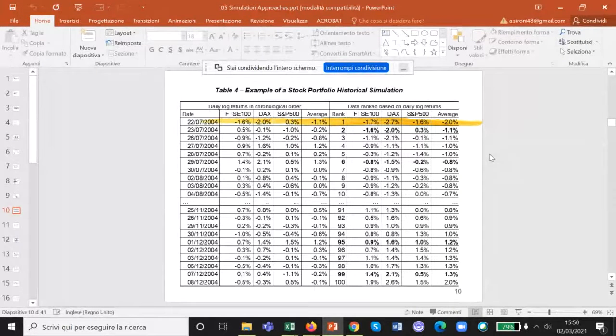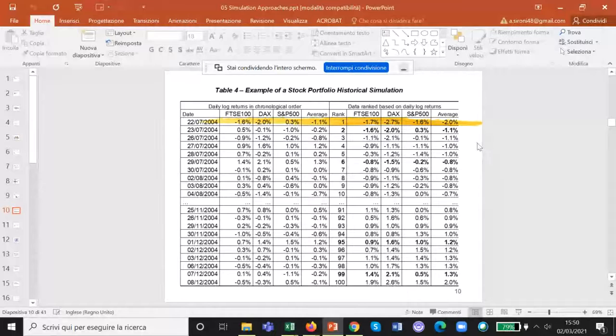And therefore, historical simulations are more conservative, are better than the parametric approach, okay? Because they capture these fat tails and they tend to be more prudent, okay? So what if we use this sample and we apply both methodologies, i.e. historical simulations and the parametric approach?